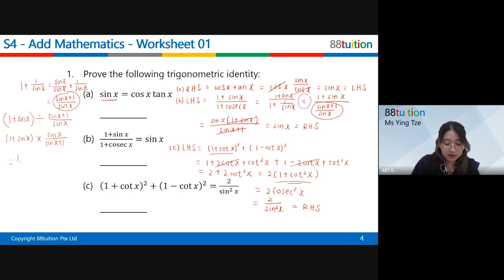So we get 1 plus sine x times sine x divided by sine x plus 1, which is the same as what we have over here. Yes, sine x, the bottom part of the fraction for this one, yes, because we see the denominator here is sine x. So when we want to add fractions, we must make the denominator the same.